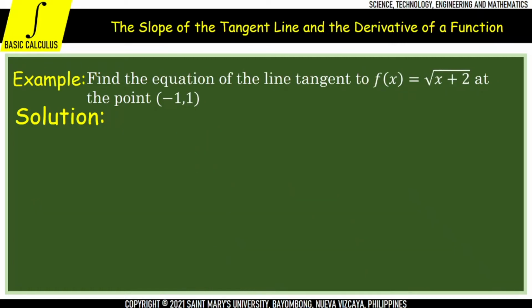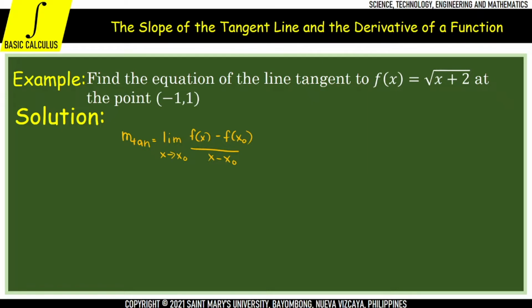Okay, second example, find the equation of the tangent line to the graph of f of x is equal to the square root of x plus 2 at the point negative 1, 1. So just the same, our formula for the slope of the tangent line is equal to the limit of f of x minus f of x sub 0 all over x minus x sub 0 as x approaches x sub 0.